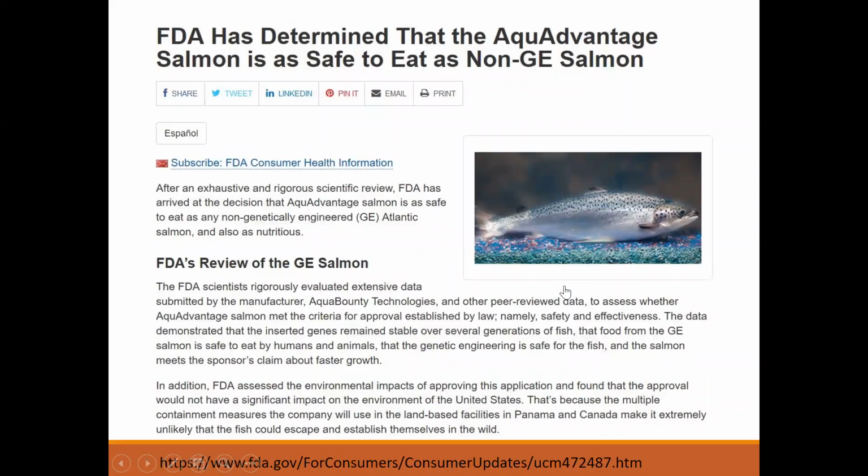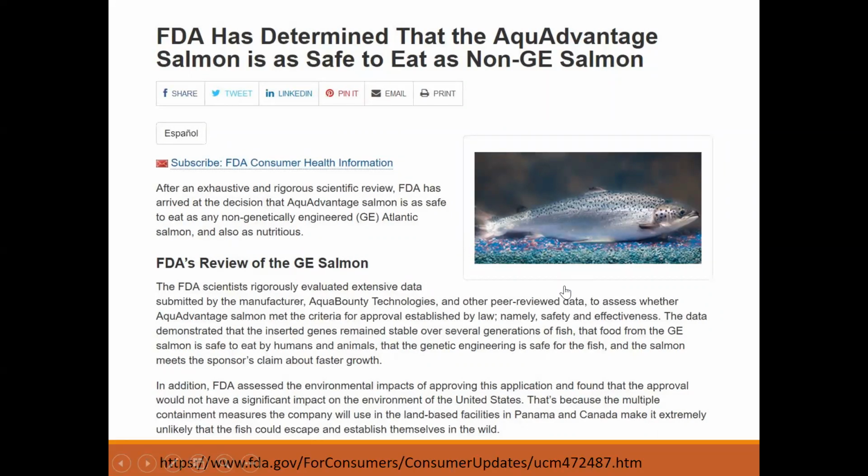So here is an example of a GMO fish, a genetically modified organism, that salmon. This is now, I want to say, maybe 2 or 3 years old. The AquAdvantage, sorry, the marketing makes me laugh. The AquAdvantage salmon is as safe to eat as non-genetically modified salmon.